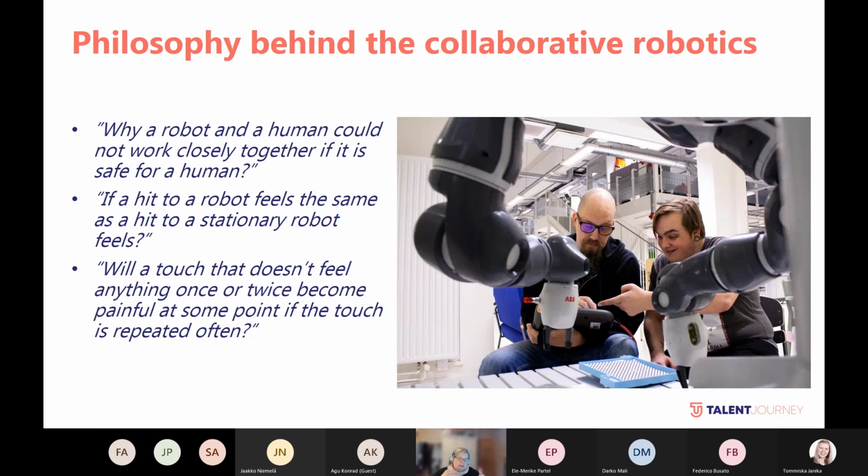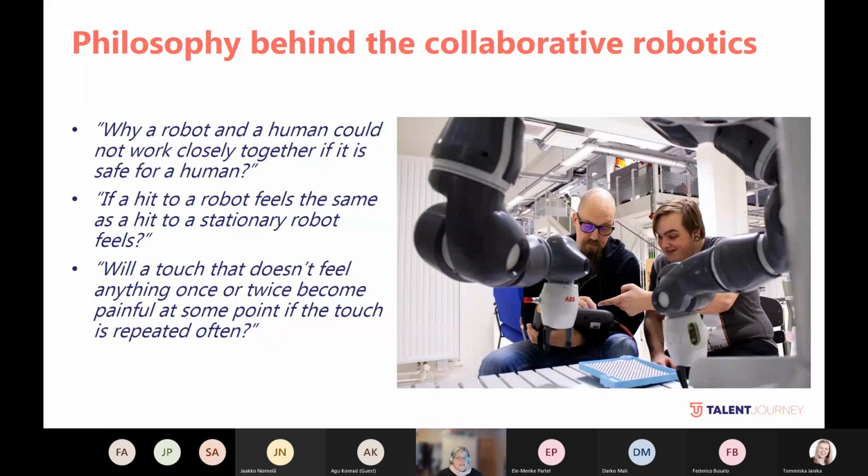So it doesn't matter whether the robot is moving or it's standing still. If you walk and hit it, it will feel the same. In principle, therefore, a person's own action would determine how much this hurts.